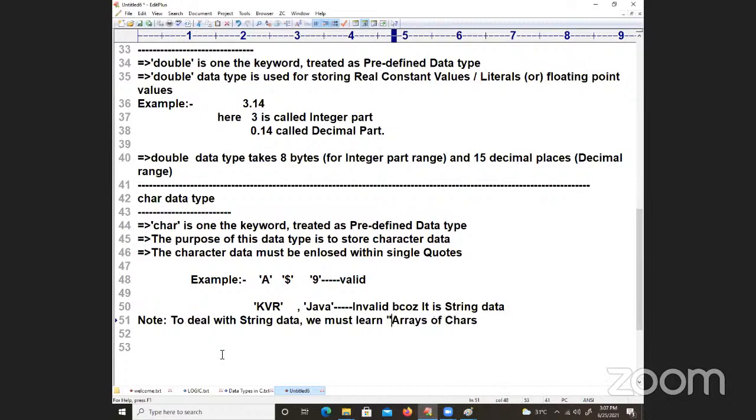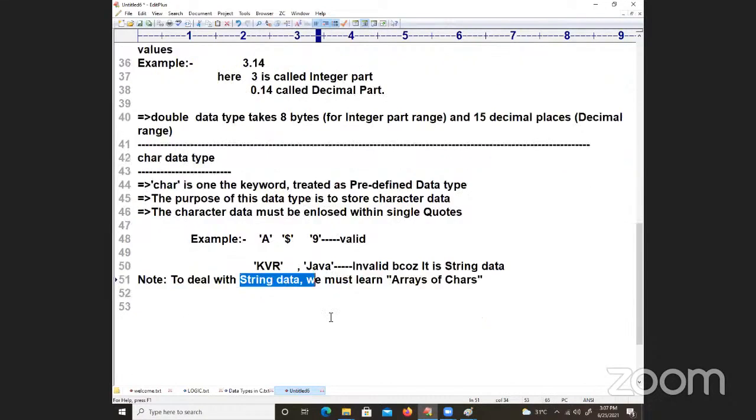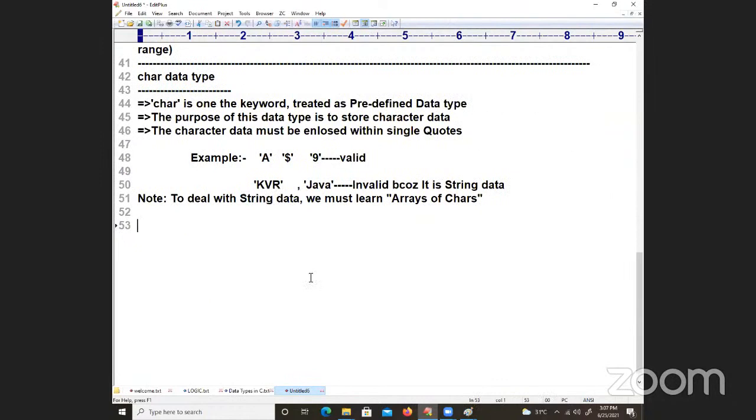In C programming, we have a separate discussion called array of characters. Here, an array of characters is called string data.